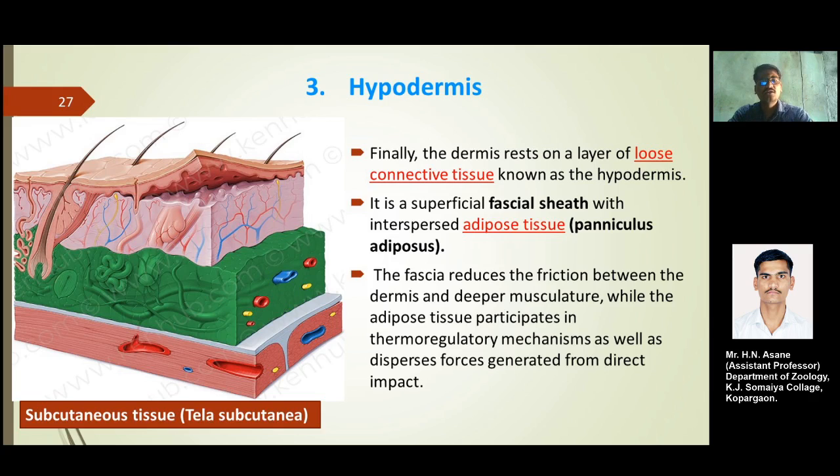Okay, and this hypodermis has fascial sheaths, referred to as the fascia, and that fascia reduces the friction between the second layer and the direct contact with the muscle layer. It also participates in the thermoregulatory mechanism, with the presence of sweat glands.